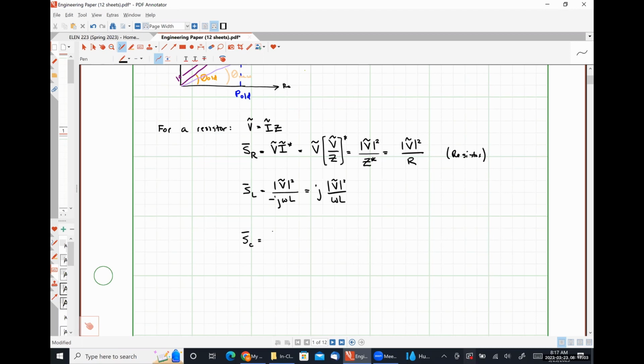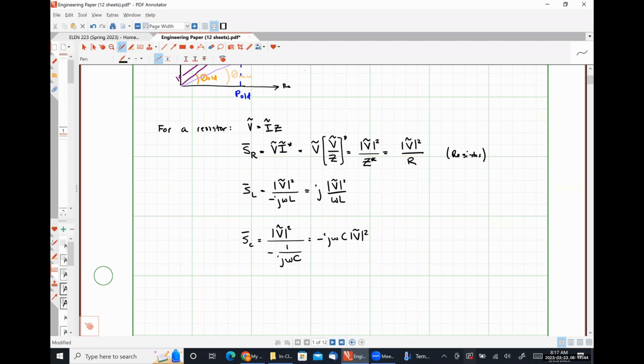So we're going to have the magnitude of the voltage squared divided by the conjugate of negative 1 over J omega C. So right now we have 1 over negative J, which is going to wind up looking like negative J omega C times the magnitude of the voltage squared.